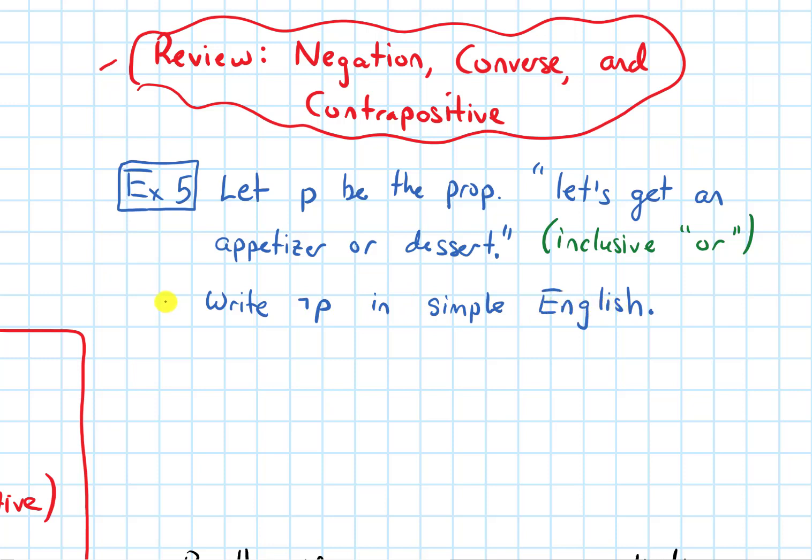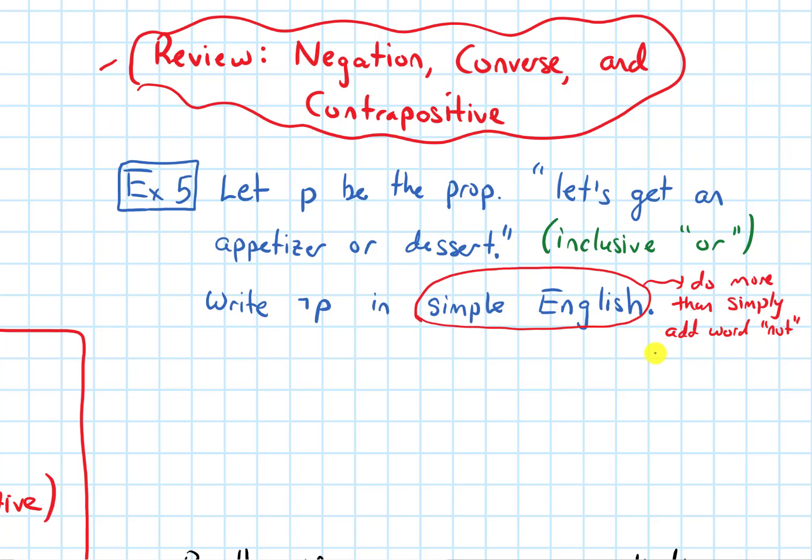So I want to have you pause the video and try this on your own, but before I do, let me just clarify that when I say in simple English here, this is the proposition, not P. I want to do more than simply add the word not.